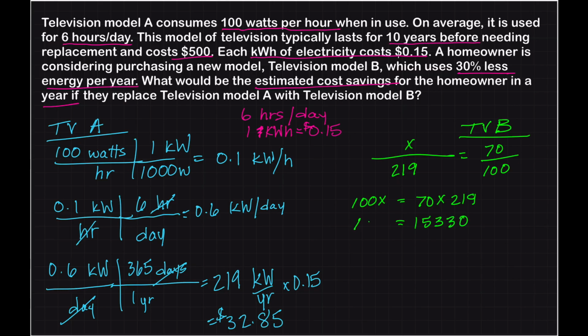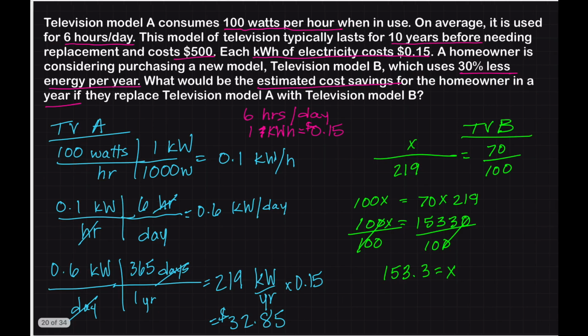I'm going to divide by 100, so then it'll be 1533 divided by 10, which is 153.3 equals x. So that's how many kilowatts per year we're going to use with TV B: 153.3.